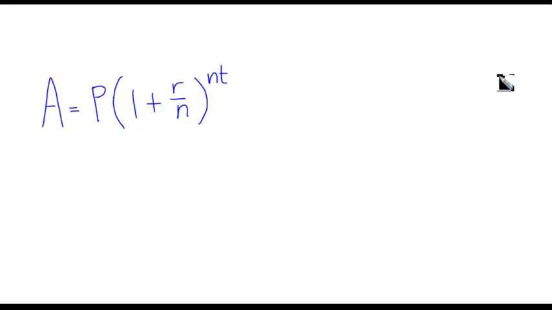Another formula that you're going to need in order to work these problems is compounding continuously. If a problem says that the interest compounds continuously, you will use A equals P times E raised to the RT power. Again, A is going to represent your final value.